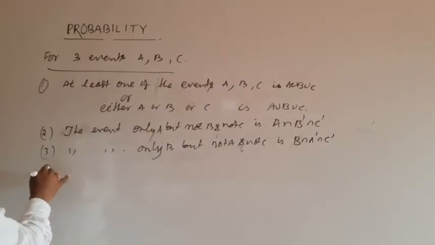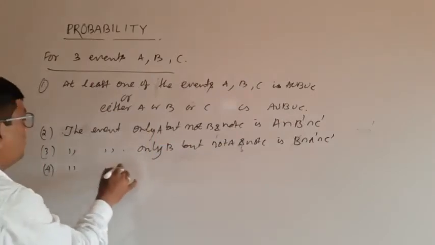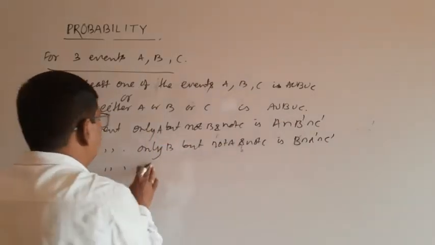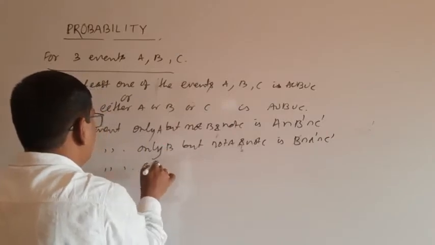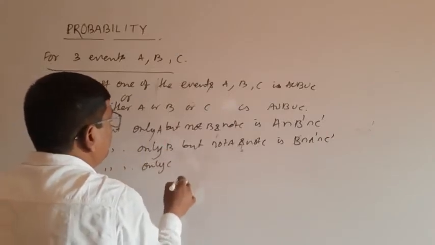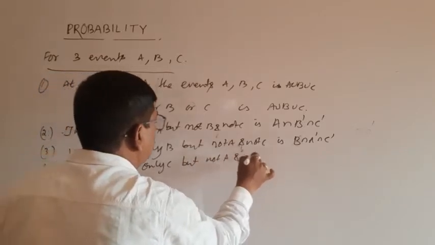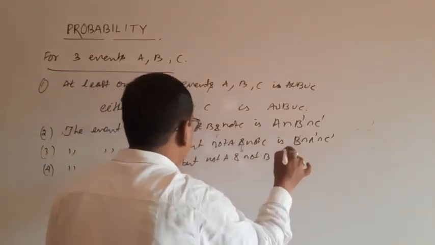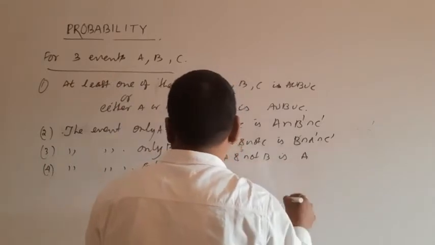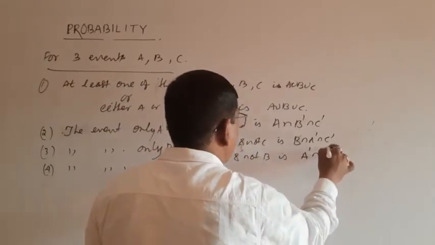Similarly, the event only C but not A and not B is A dash intersection B dash intersection C.